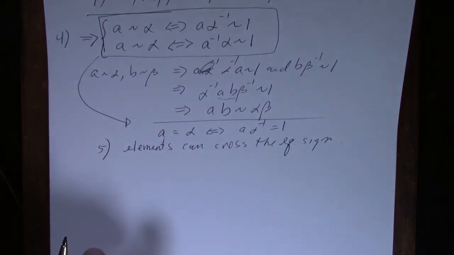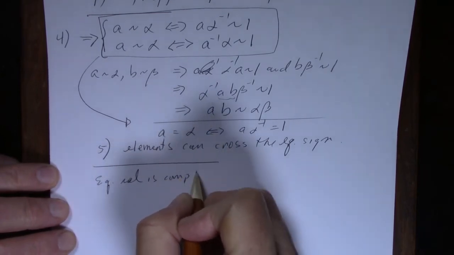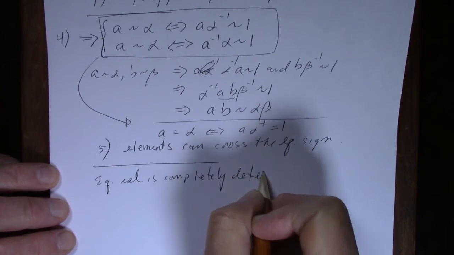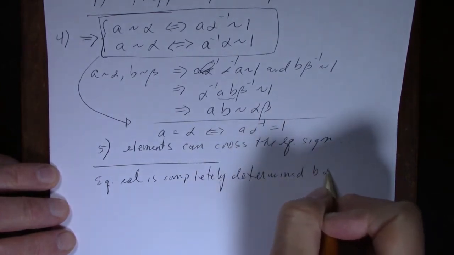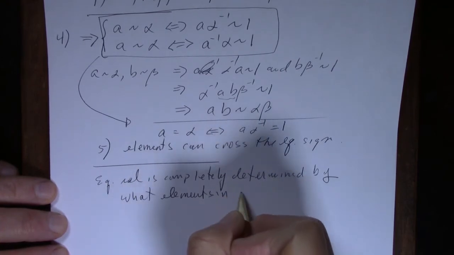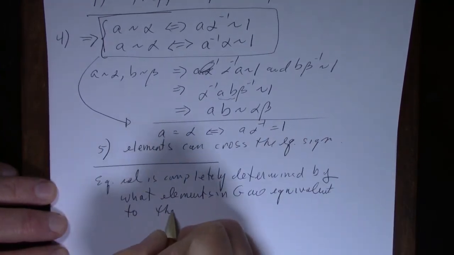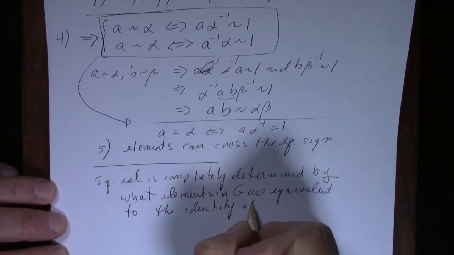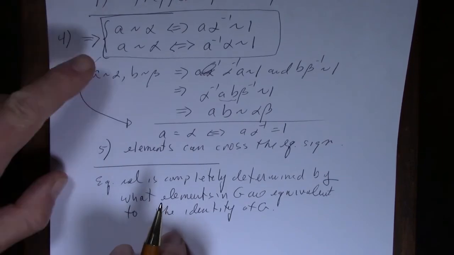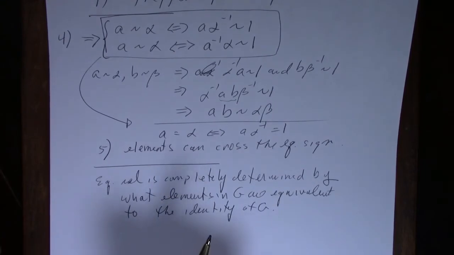Because it says that the same block equivalence relation, this equivalence relation, is completely determined by what elements in G are equivalent to the identity of G. If we want to know whether, say, A and alpha are equivalent, we just compute A alpha inverse and check to see if it's equivalent to 1 or not.